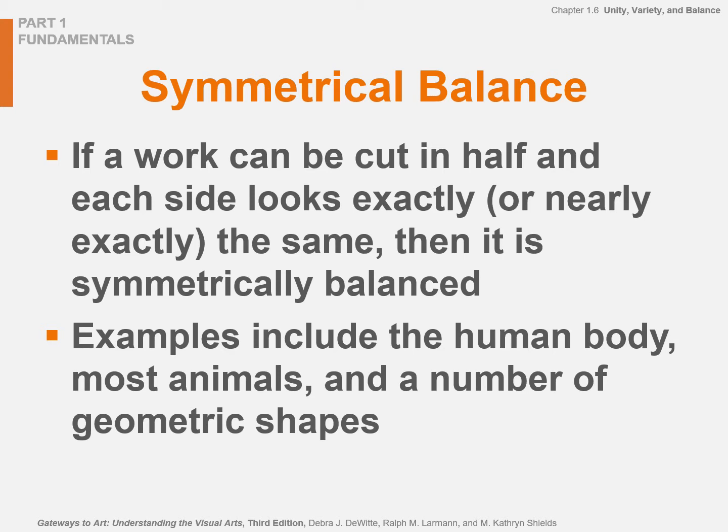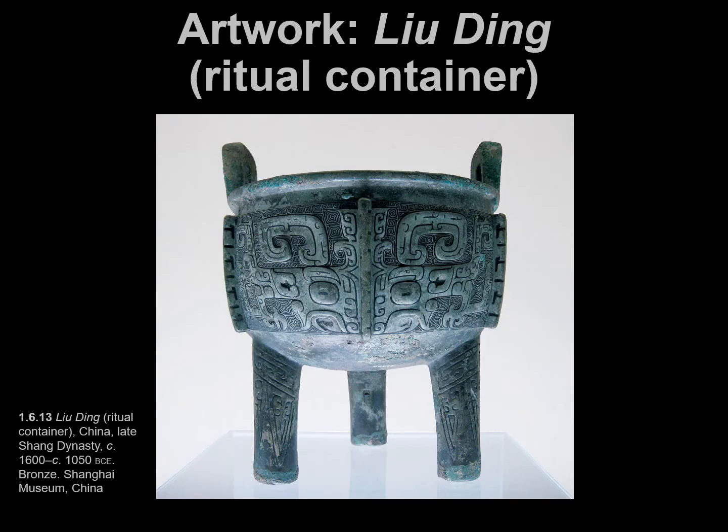If a work can be cut in half and each side looks exactly the same, then it is considered to be symmetrically balanced. Examples include the human body, most animals, and a number of geometric shapes. This is a ritual container by Lu Ding.